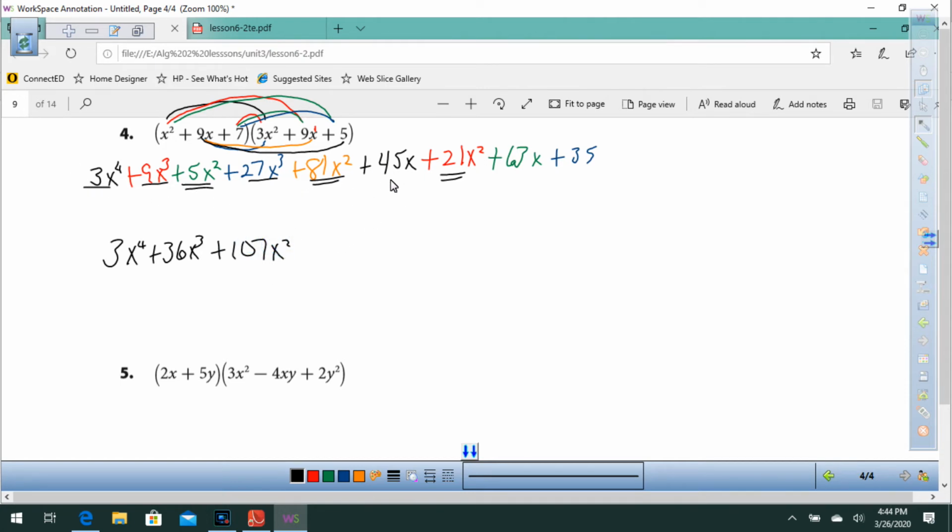All of those are taken care of. What do we got here? 45x and 63x. That's 108x, and then plus 35. Not too shabby. Not too shabby at all.